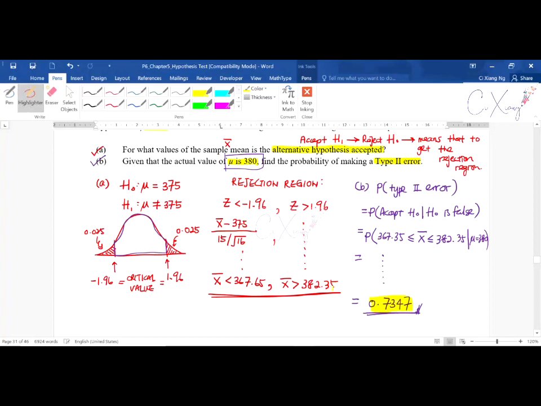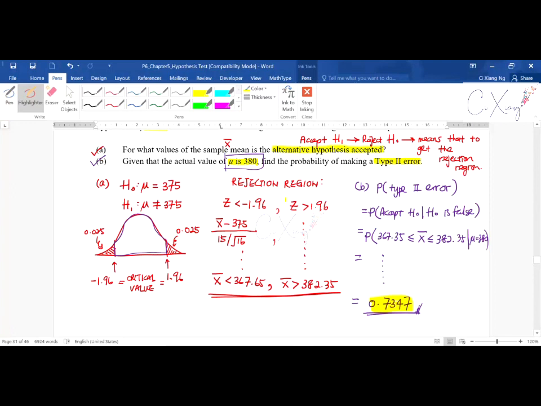This is how we try to find the rejection region. From here, I hope that you can see a pattern. In examples 29 and 30, you calculate the probability with the rejection region already in the question; they already give you the value itself.